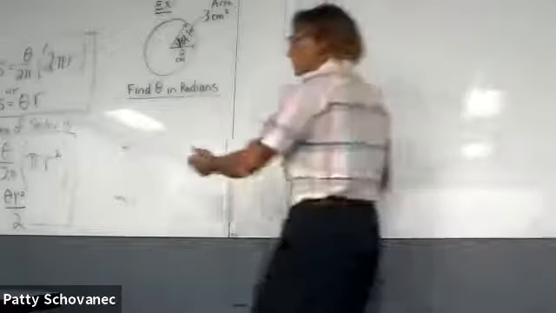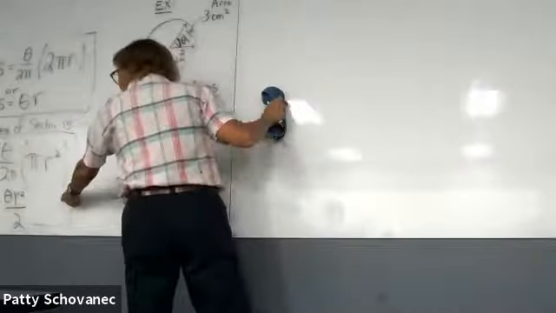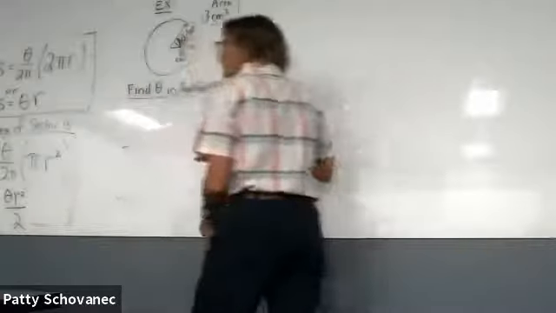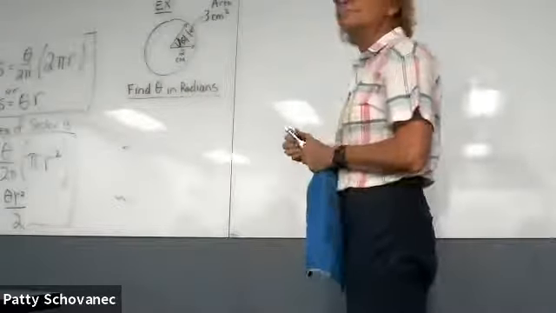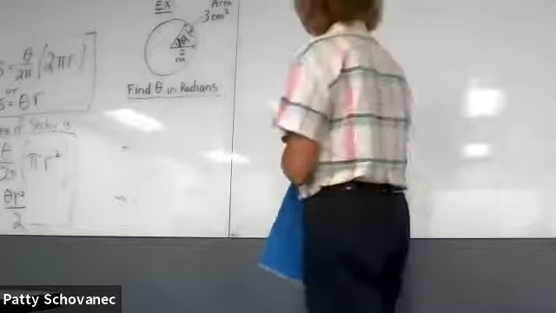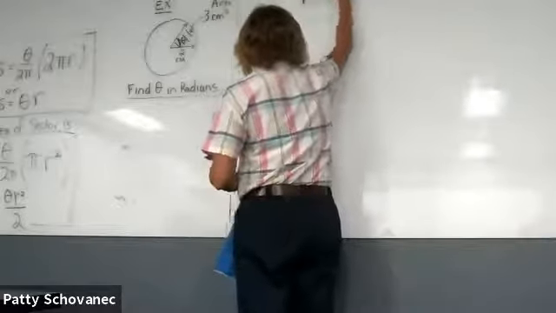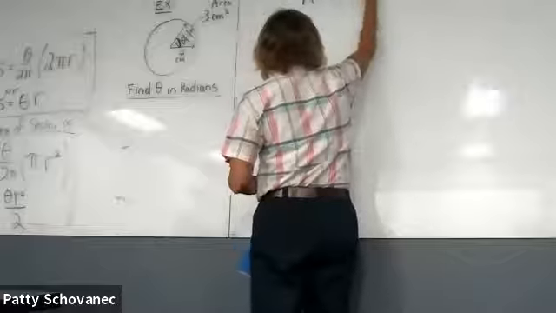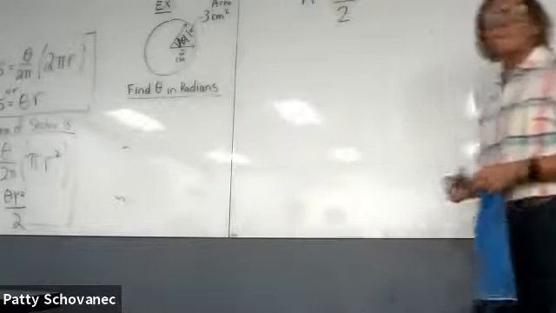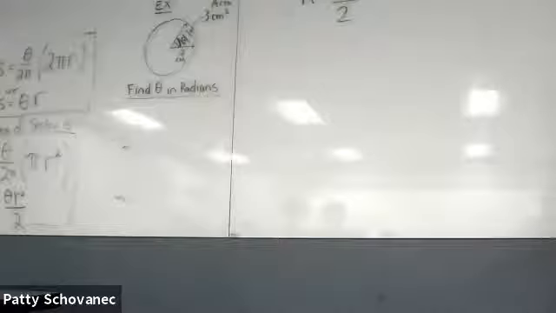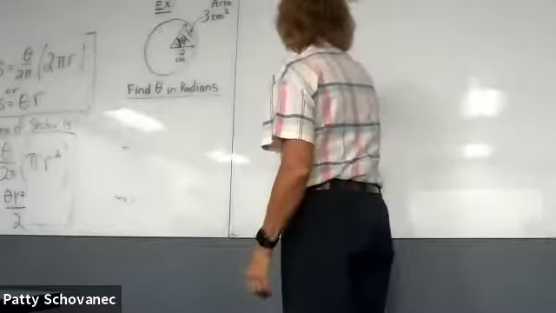So if you want, you can start with the simplified formula here. Area is theta times r squared over 2. Put your numbers in where you know them and solve for theta. So area we have is 3.